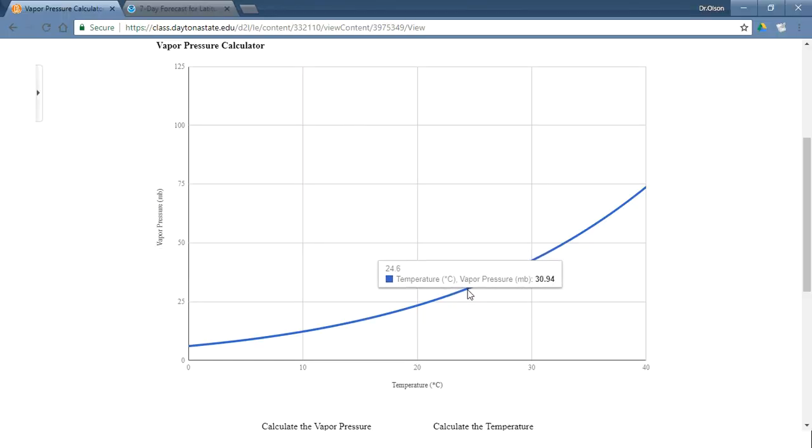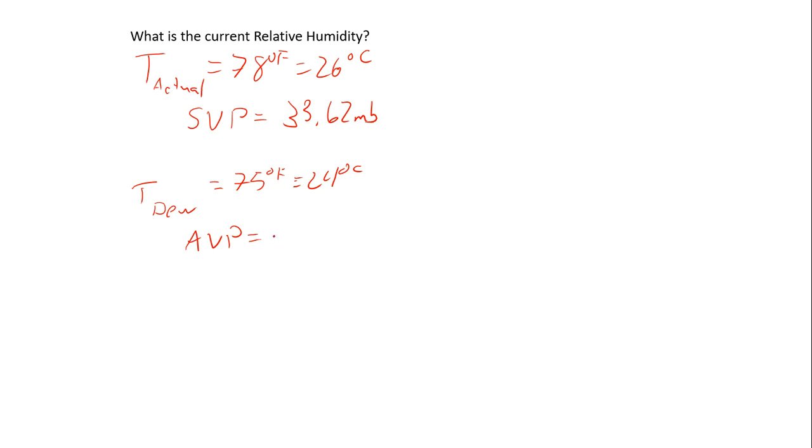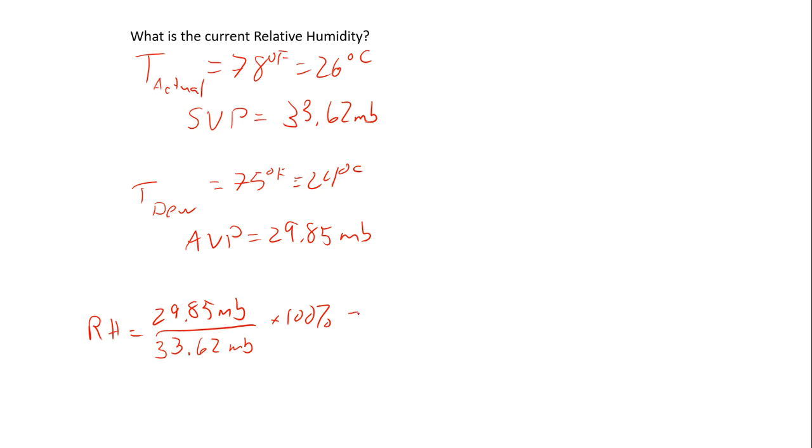So I just move the mouse down. There's 24 degrees Celsius. Gives me a vapor pressure of 29.85. Then the relative humidity is just the ratio of actual vapor pressure, so 29.85 millibars, divided by the saturation, 33.62 millibars, times 100%.